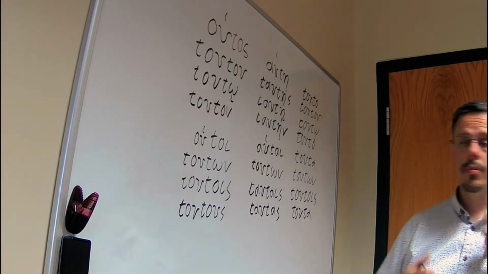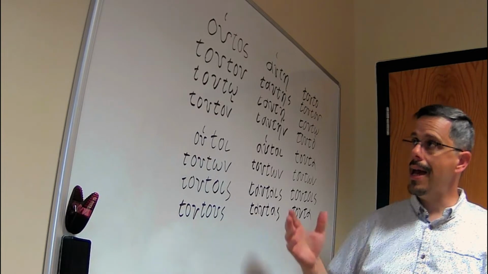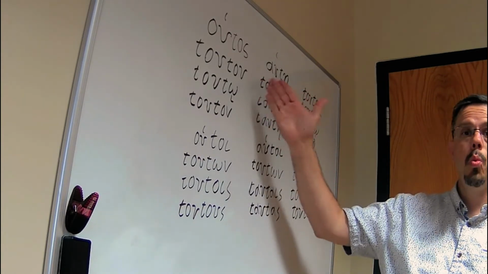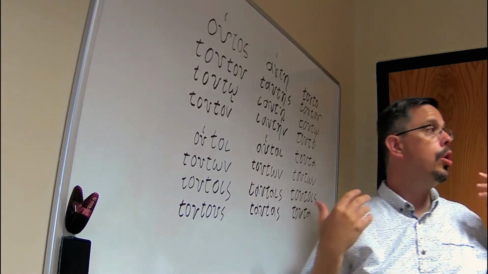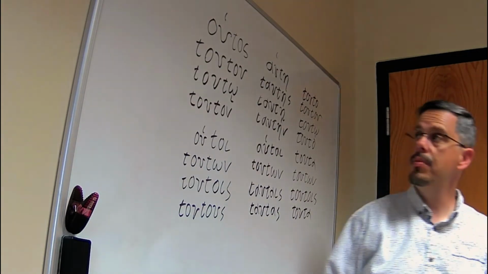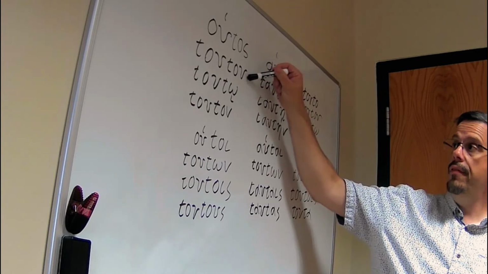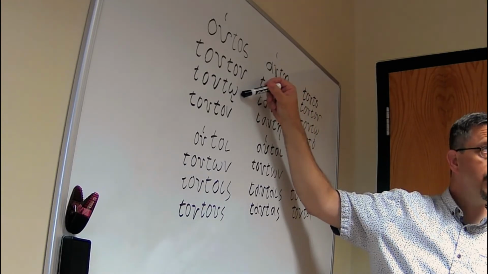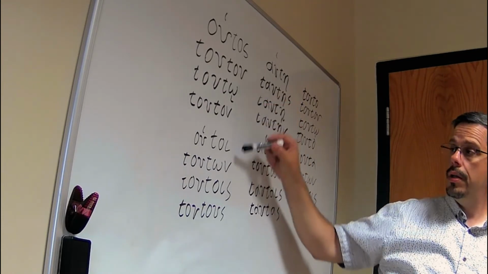Now, let's kind of go through it and think about it. Let's say we're using the noun word, and this is modifying the word word. Okay, so this would be this word, of this word, to this word, this word.